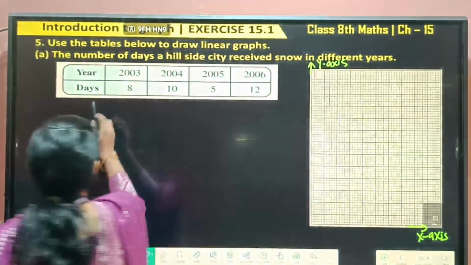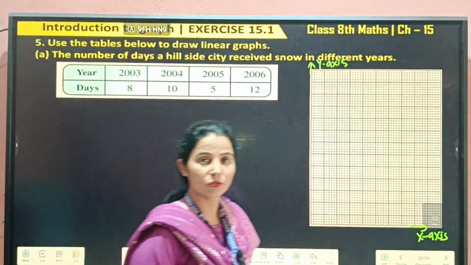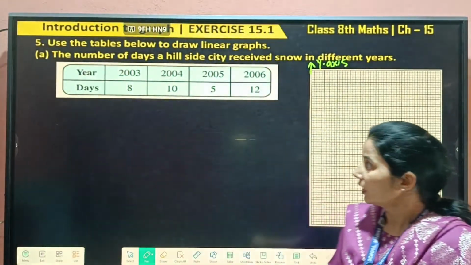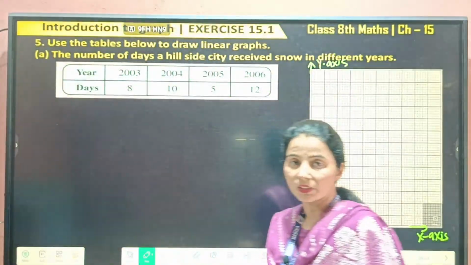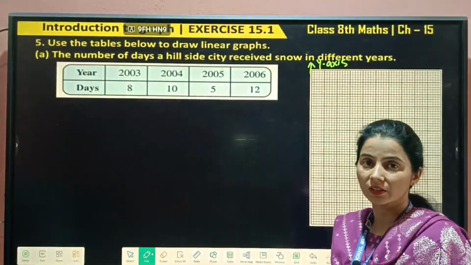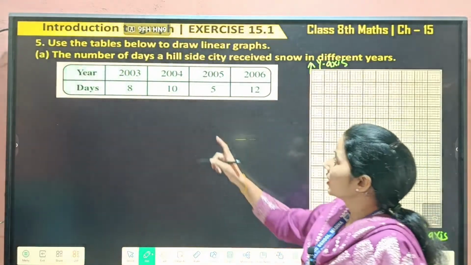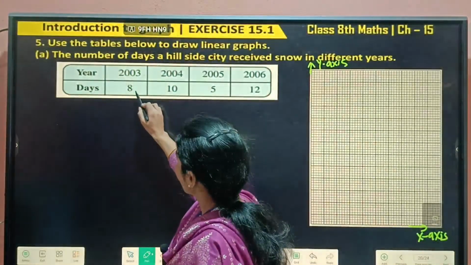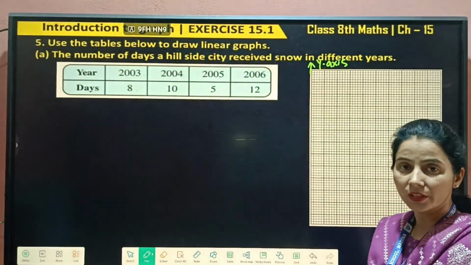Now, years and days, we have to check which one is the dependent variable and which one is the independent variable. The number of days depends on the year. In 2003, 8 days are there in which that city received snowfall. So this is independent and this is dependent. These days are depending on years.